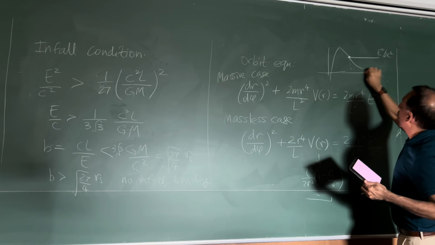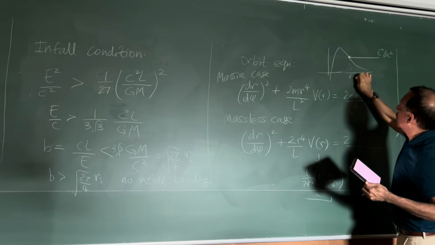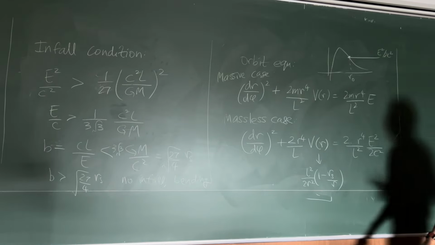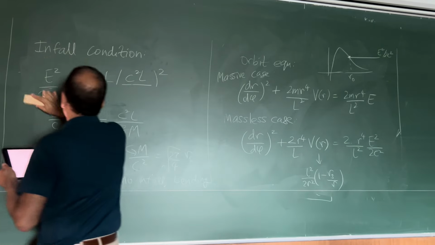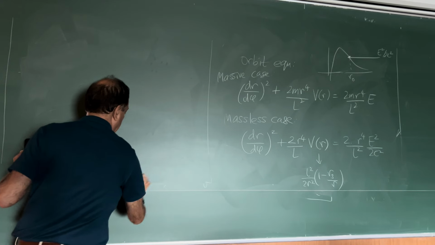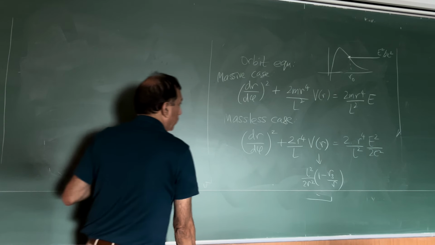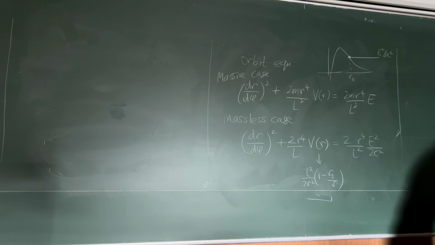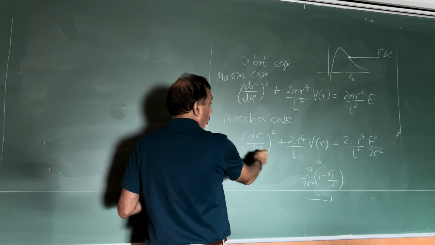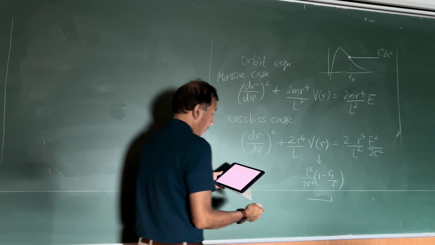Let's call this R0, the turning point. We can easily calculate that. These are all trivial classical mechanics calculations. And the answer we get, so this happens when this is 0 and this is equal to that.